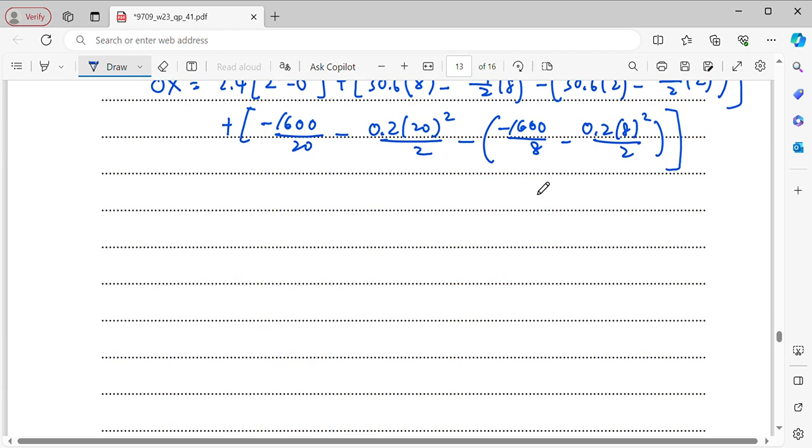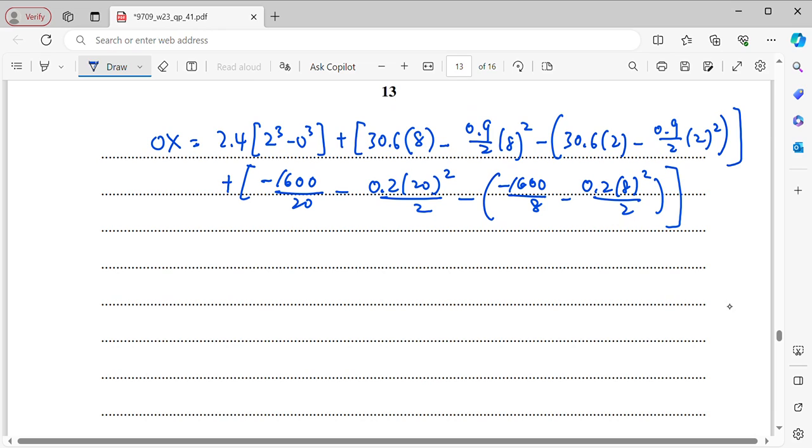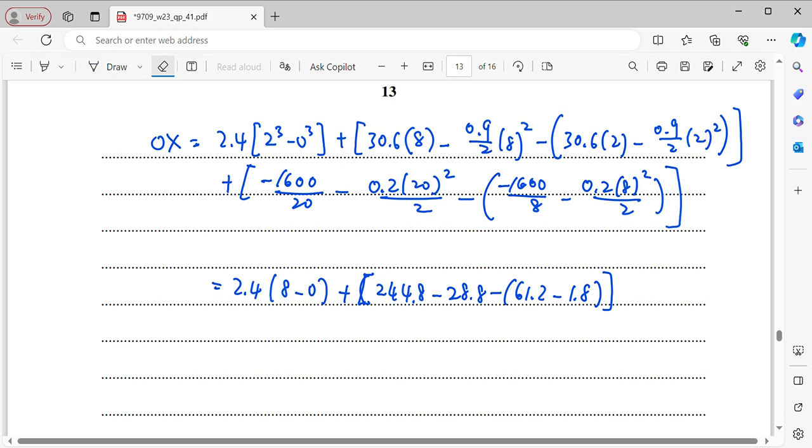From here, when you calculate all these values, you will get 2.4 times 8 minus 0, plus 244.8 minus 28.8, then minus 61.2 minus 1.8. That is from the second distance. And then the third distance will be plus negative 80 minus 40, then minus negative 200 minus 6.4.